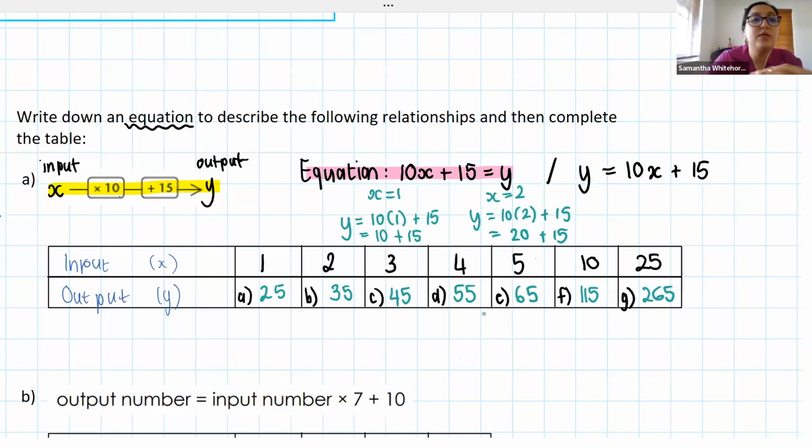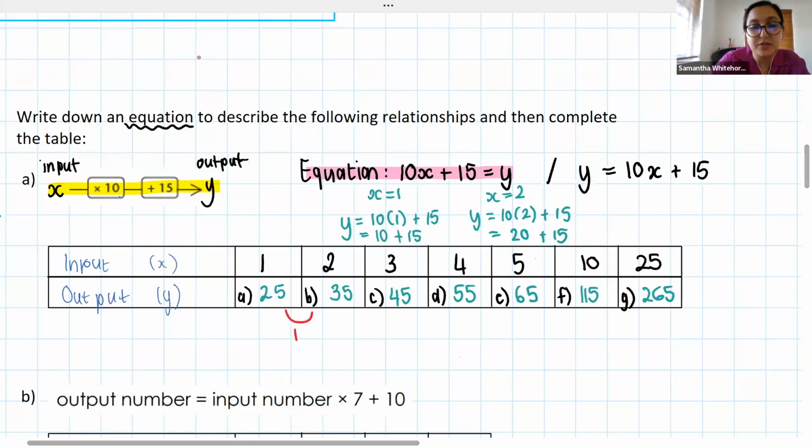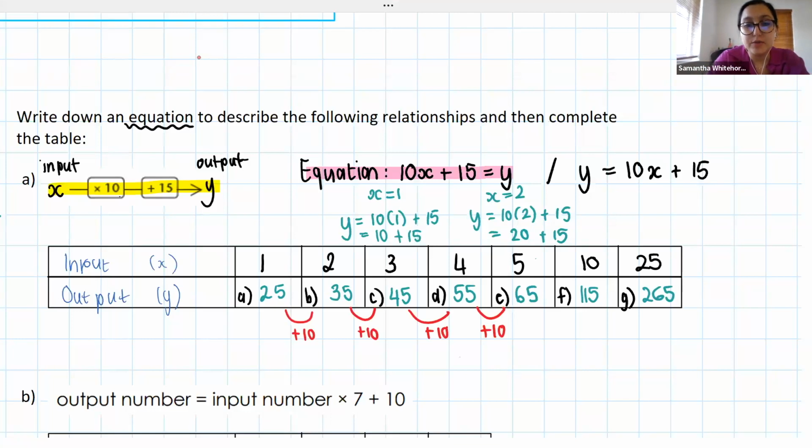And like I said, hopefully what you saw, especially with the first 5, is that there's a pattern. 25 to 35 is plus 10. 35 to 45 is plus 10. 45 to 55 is plus 10. And so hopefully what we're seeing is that there is this pattern with our variables. Remember, we also spoke about the fact that the thing that you're adding each time, this constant difference, in our rule, in our equation, is actually the coefficient of x.